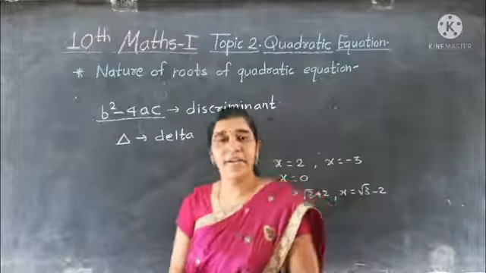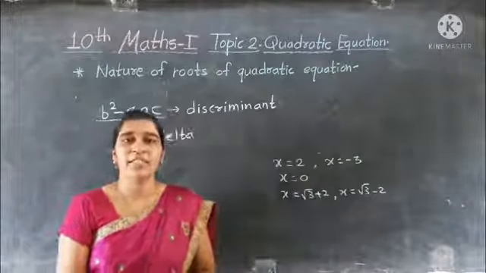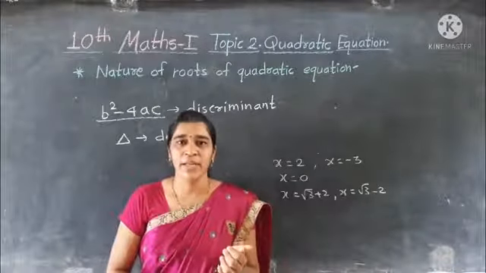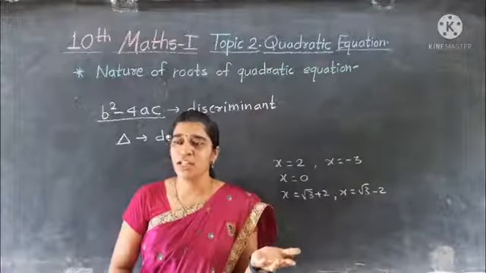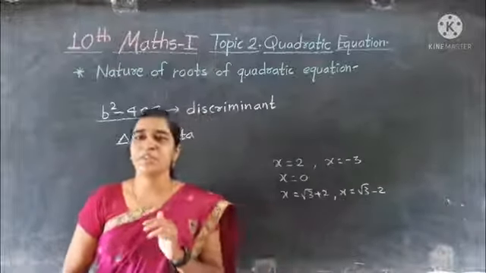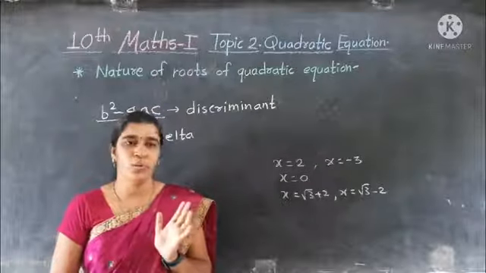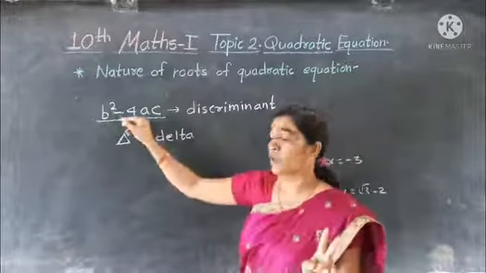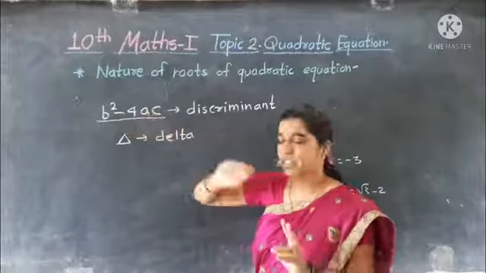So if alpha and beta are the roots, we know alpha is equal to minus b plus root b square minus 4ac upon 2a, and the second root, suppose beta, we write as beta is equal to minus b minus root b square minus 4ac upon 2a. So in these two roots we get the value of b square minus 4ac.